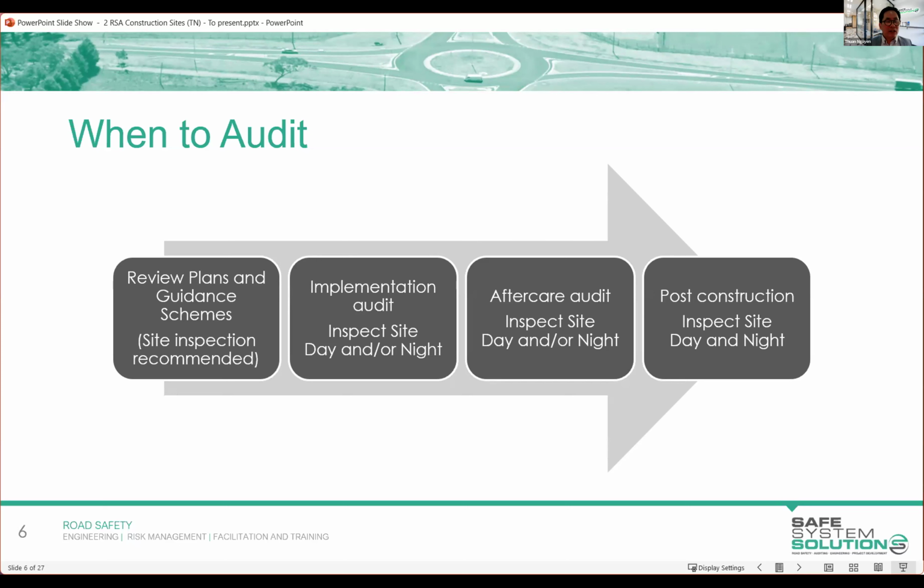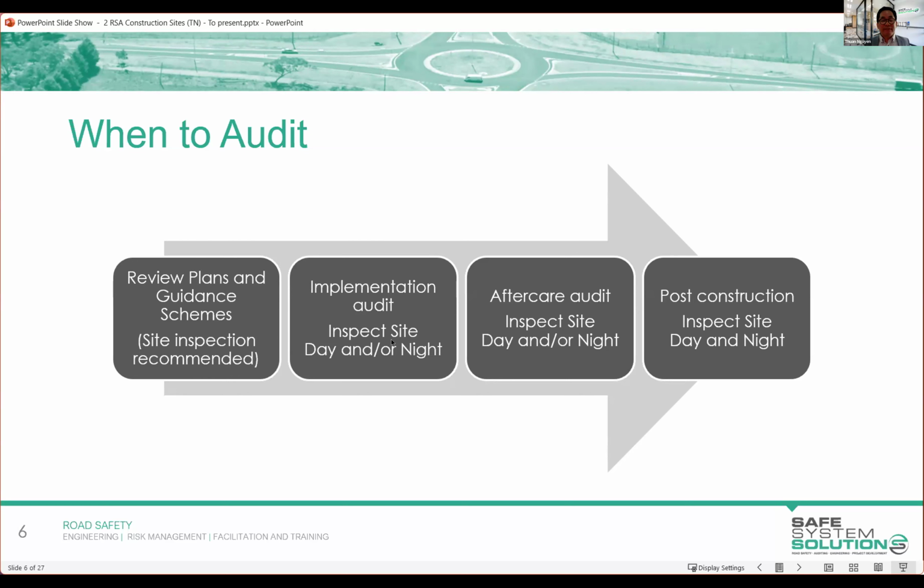When I was the coordinator for Austroads, there's been a lot of talk about whether a site inspection is required, because a lot of the time the person who developed the plan sits in the office and comes up with some plan, and then when you go out on site, the contractor feels that it's a completely different situation. They can't implement the plan. So we talk about recommending a site inspection. For me, as a minimum, look at Google Street View, they're pretty good. Have a look at the site when you review or develop a traffic management plan.